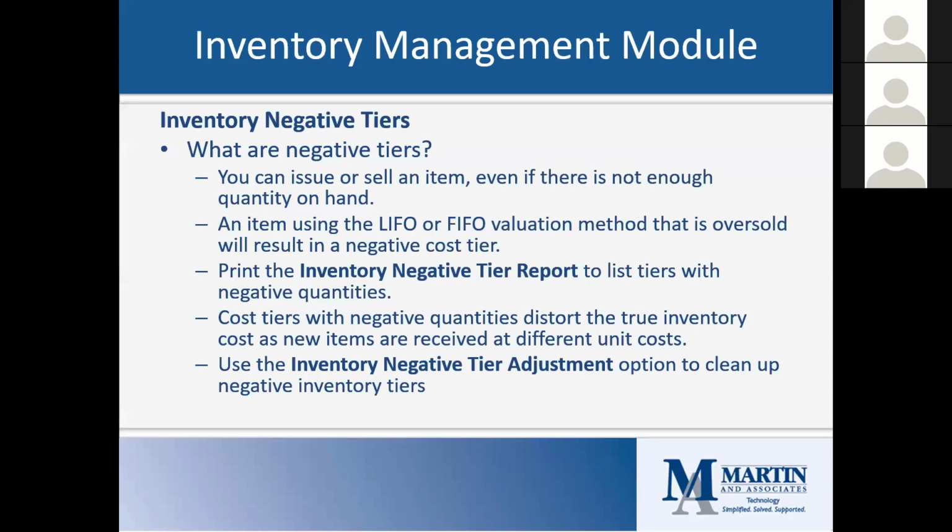So if you were selling out of the negative tier at $35 and the new one came in at $35.10, there will be a 10-cent adjustment to the cost for every item sold when you do that adjustment to fix those. Okay, so that's what negative tiers are, and that's how you clear them up.